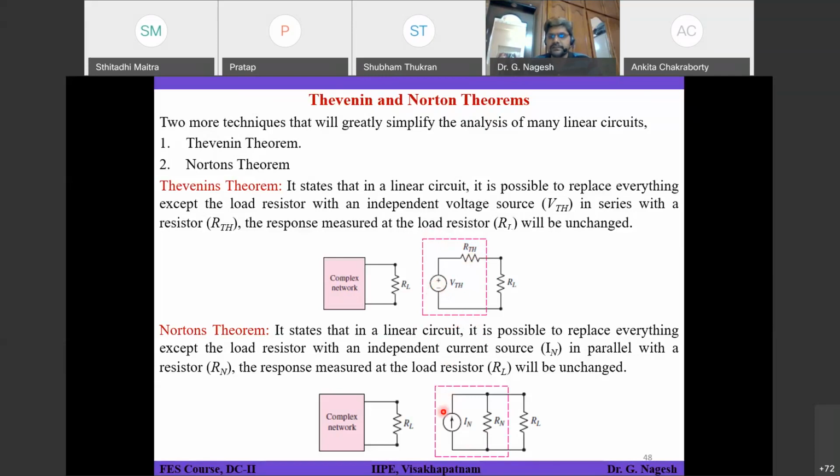Okay. If you remember converting a practical current source into a practical voltage source, or a practical voltage source back into a practical current source, these two are actually the same. That means you are converting this voltage source with series resistance into a current source with a parallel resistance.